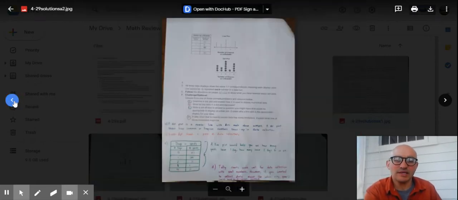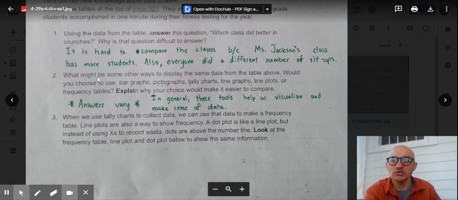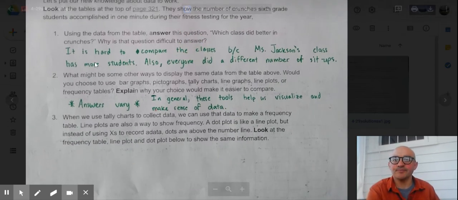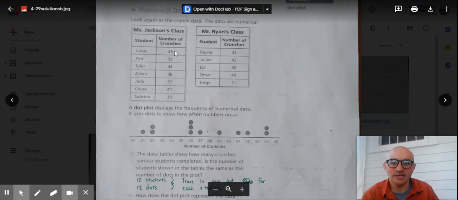And let's go back to the very beginning page. I'll just take you back here. So problems 1, 2, and 3 here. Actually, 3 we don't really have to answer, but 1 and 2 we do. And so let me take you through. So using the data from the table, answer this question. Which class did better in crunches, and why is that a difficult question to answer? So I'm going to show you the data tables again.